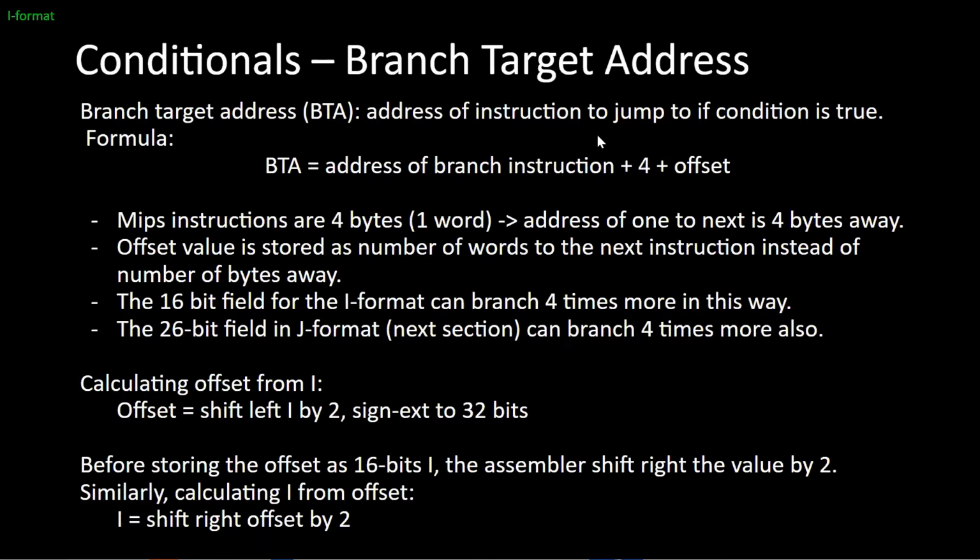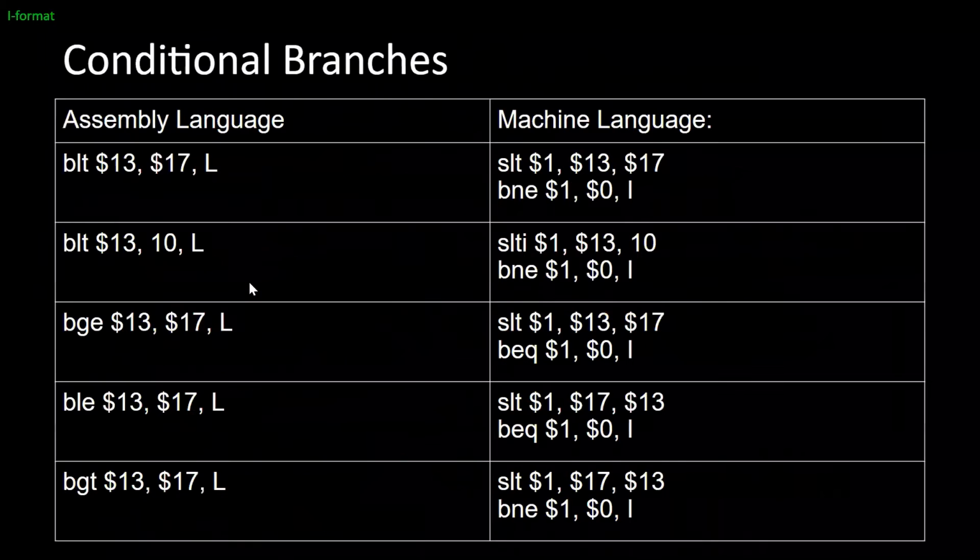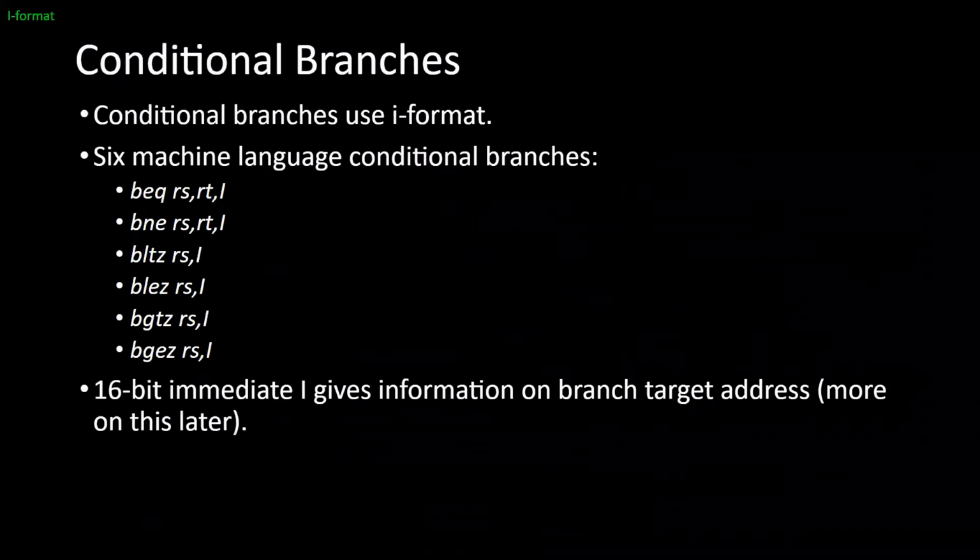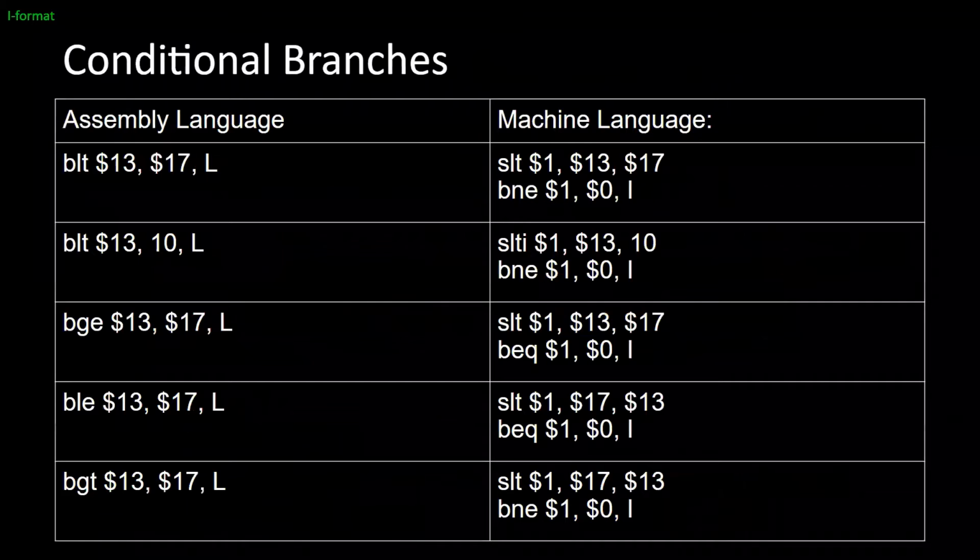So here we are going to talk about the branch target address. I briefly mentioned that in the previous slides. We said that when you have this label and you are assembling that, this label somehow gets converted to this immediate value.